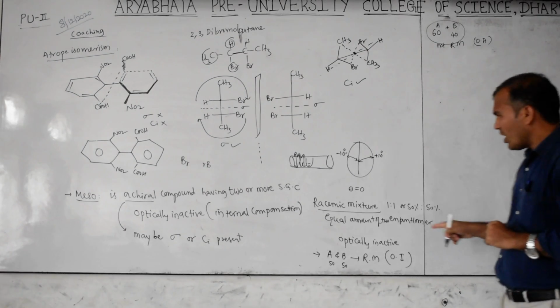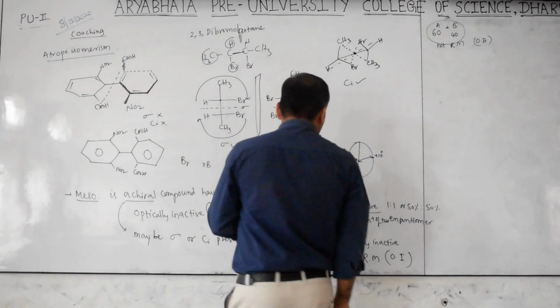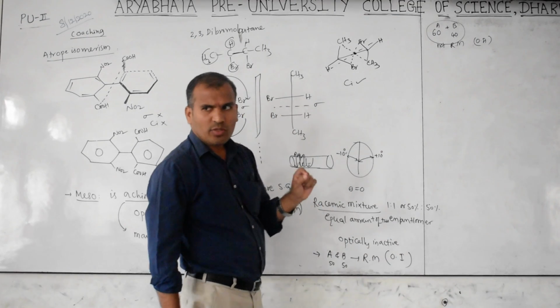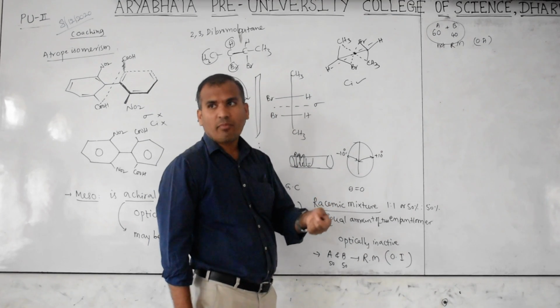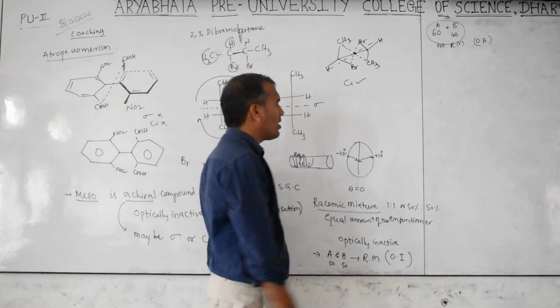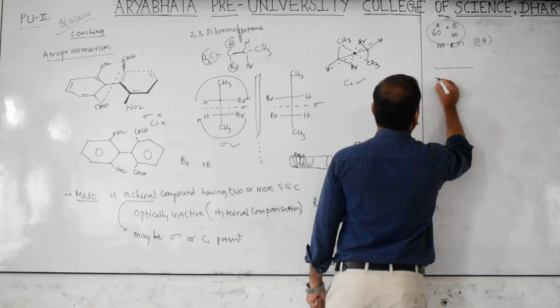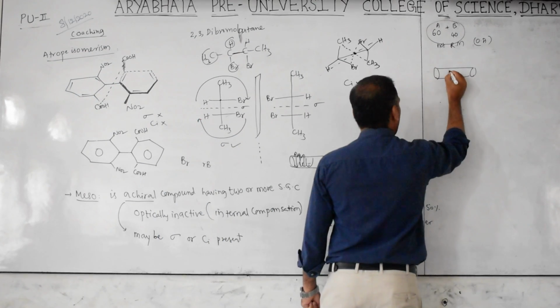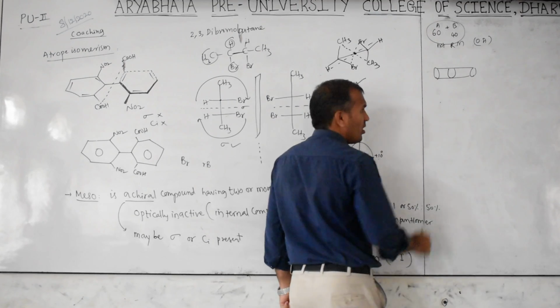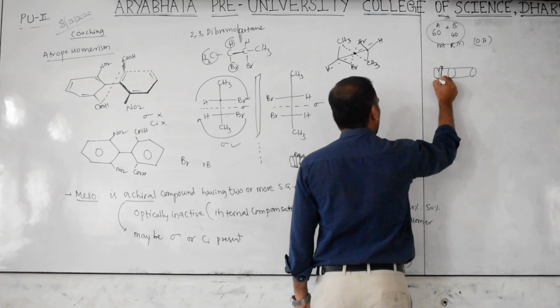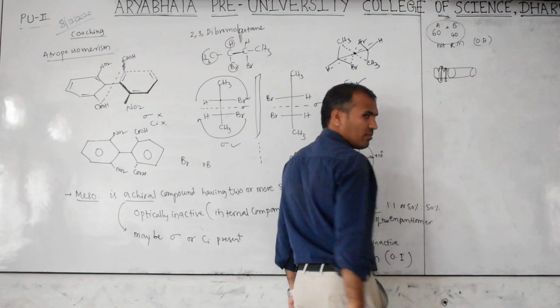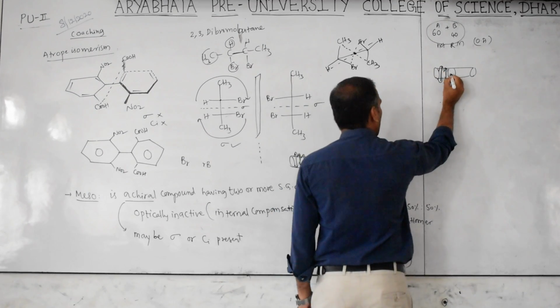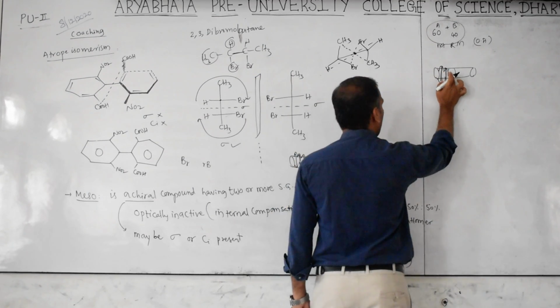Now, already I told you that a racemic mixture is optically inactive due to external compensation. External compensation. Now consider this is a polarimeter. Here one test tube is there. Now we are passing plane polarized light, PPL. Here some organic compounds are there. Listen, all of you.